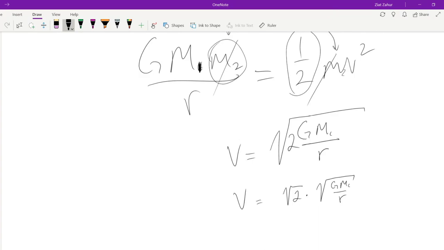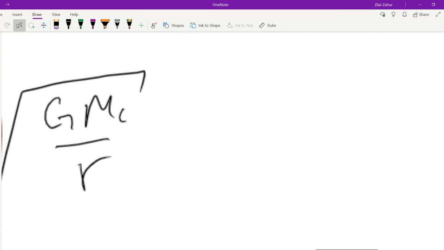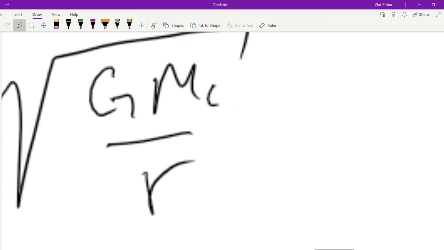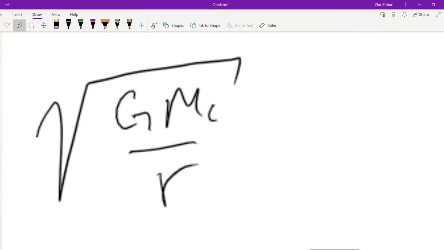Chat, do you recognize any of this? Root 2g8, close. Ignore the root 2 part. Focus on this. What do you see? I mean, we literally did it yesterday.